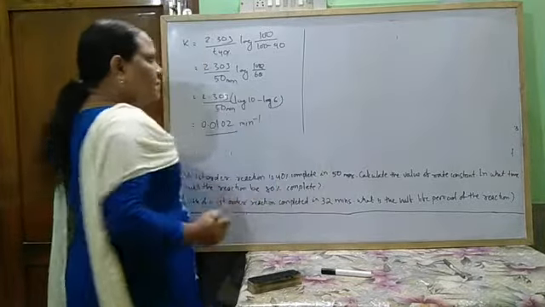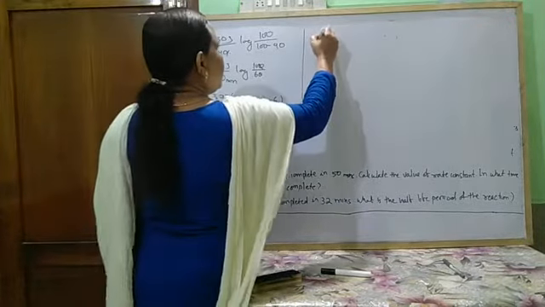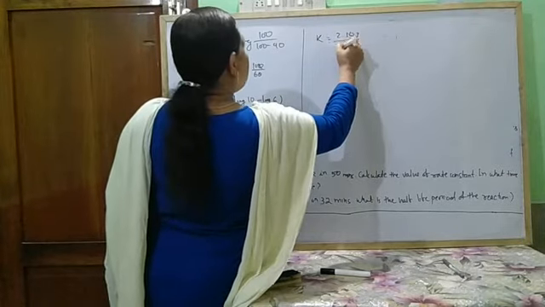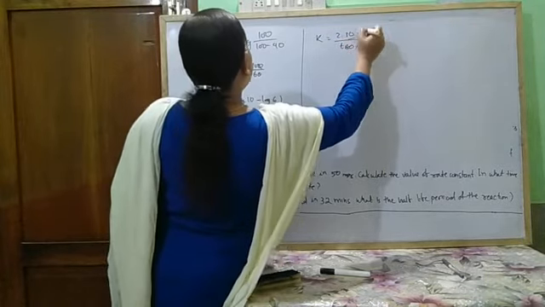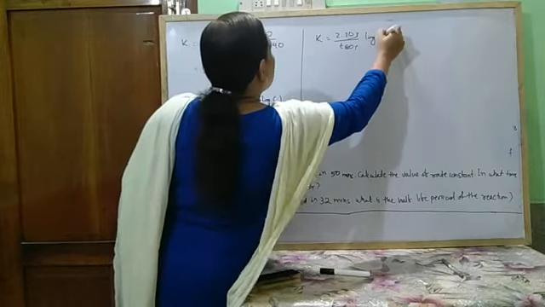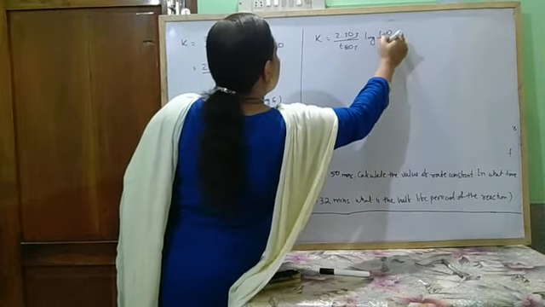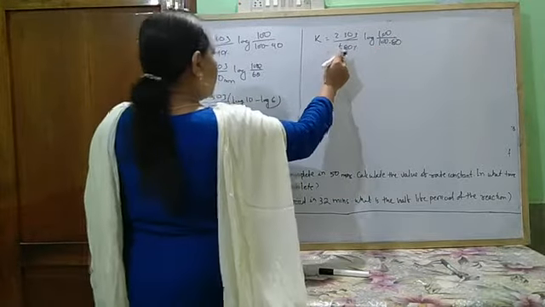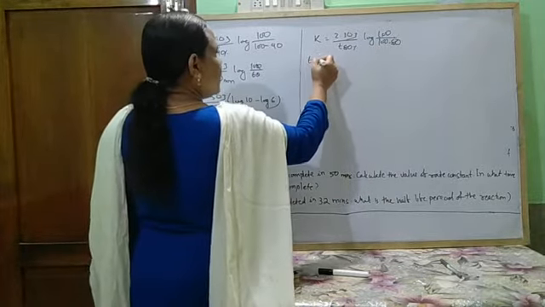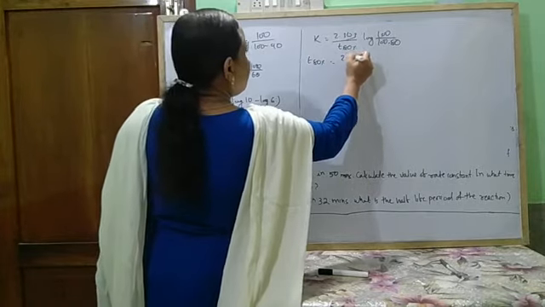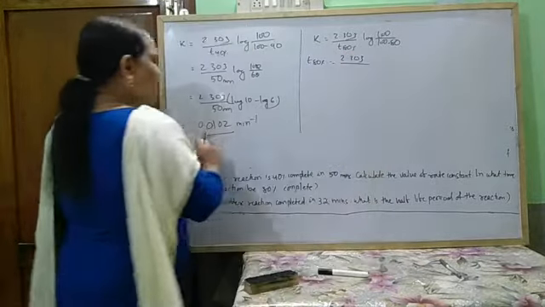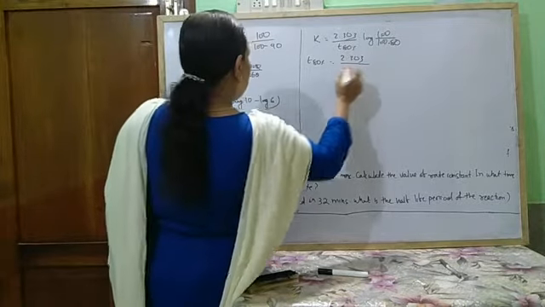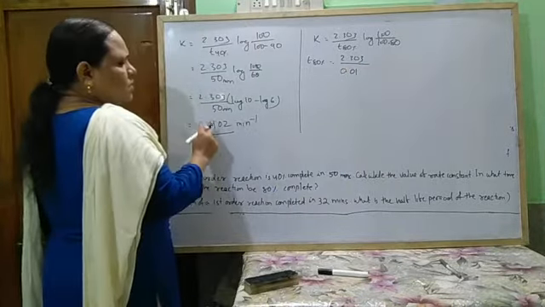Next, 80% completion. Again, K equals 2.303 by T 80% log 100 by 100 minus 80. In the question, we need T 80%, which is 2.303 by K. Put the value of K here, 0.01, as it is given 0.0102.